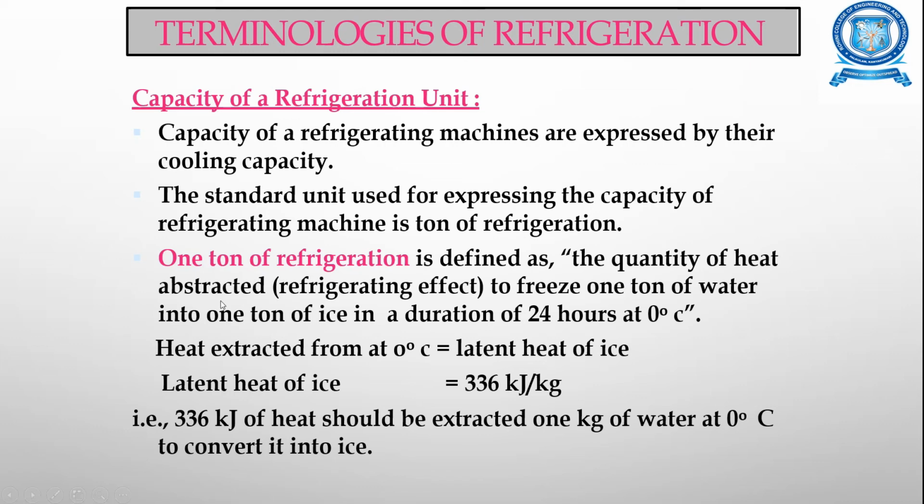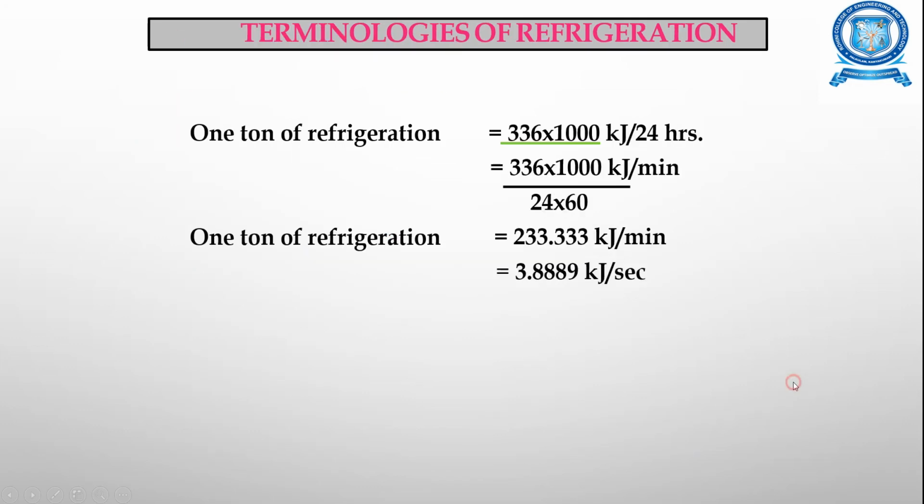The heat extracted at 0 degree Celsius is nothing but the latent heat of ice, which is equal to 336 kilojoules per kg. That is, this 336 kilojoules of heat should be extracted from 1 kg of water at 0 degree Celsius in order to convert it into ice.